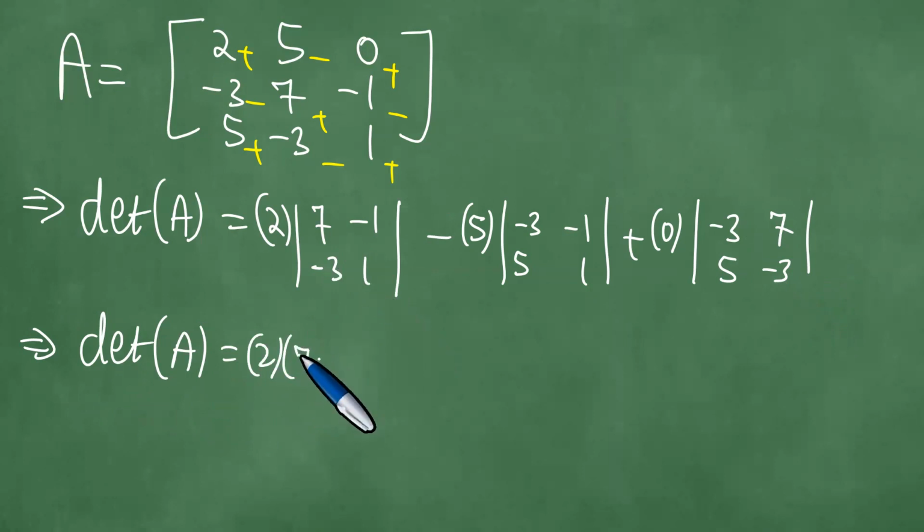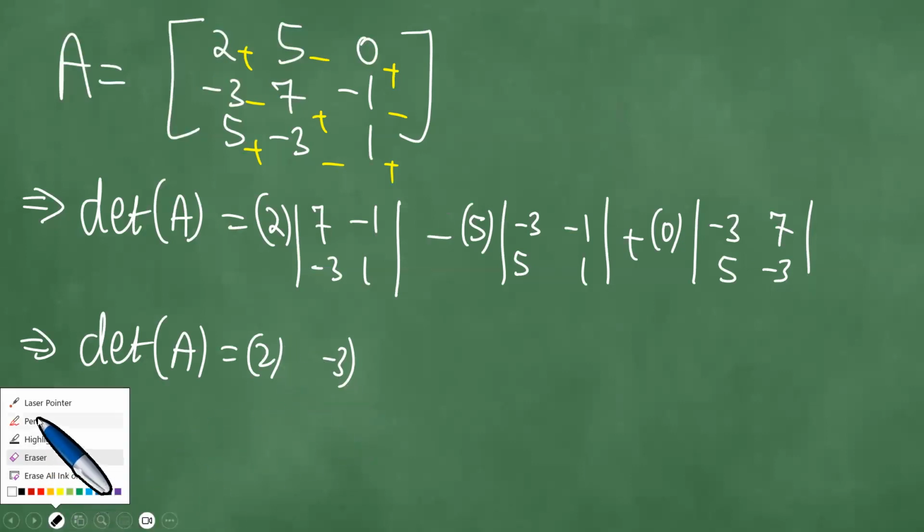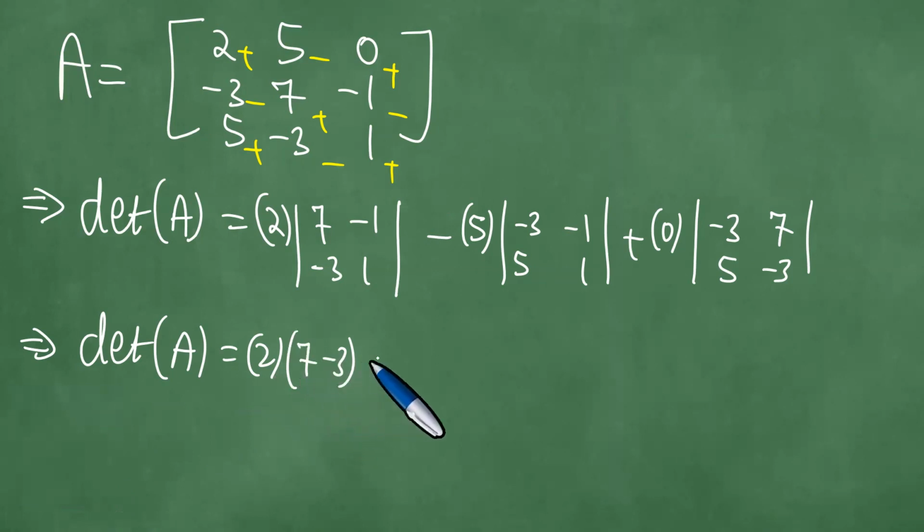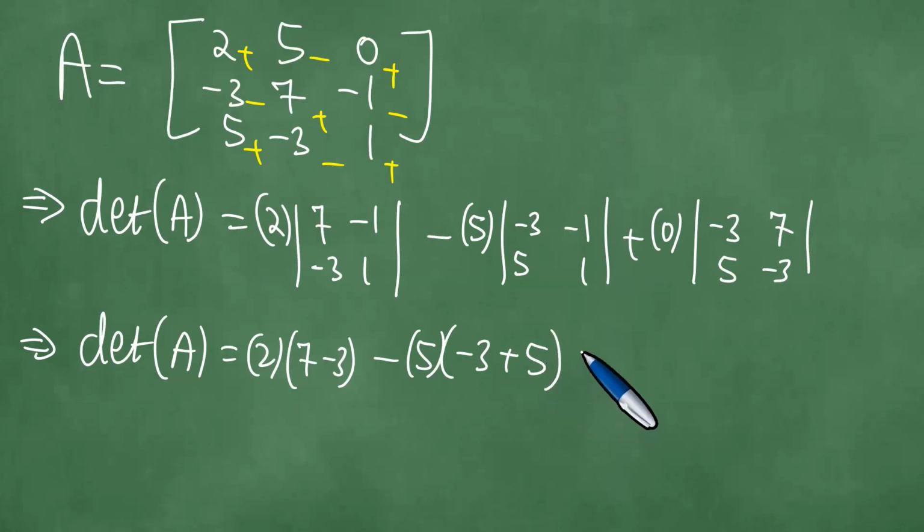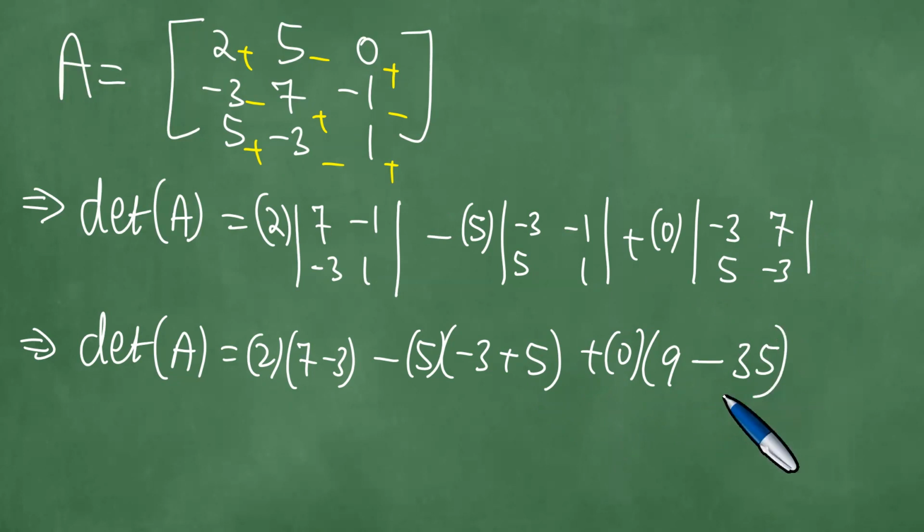Seven by 1 is actually 7 minus 3. Like so. Minus 5. Minus 3 multiplied by 1 is minus 3, plus 5. Plus 0. This is going to be 0, obviously, but minus 3 by minus 3 is plus 9. Then you minus 5 by 7, 35. Like so.